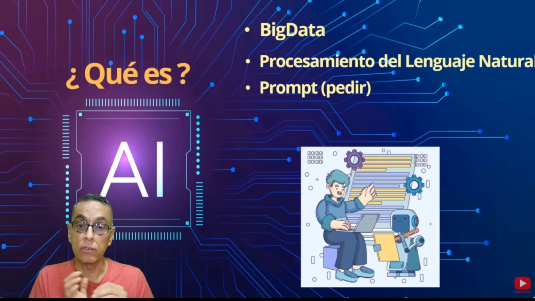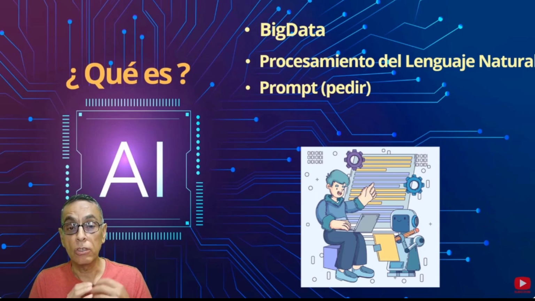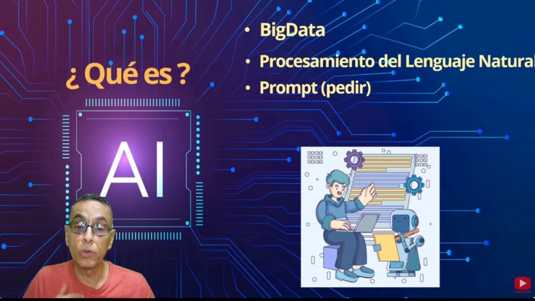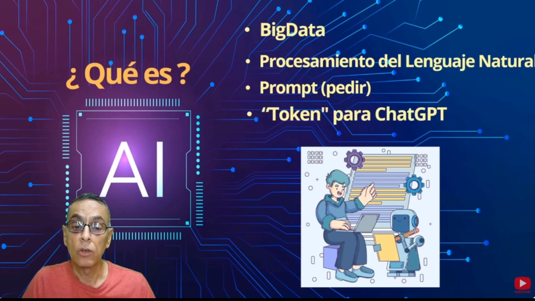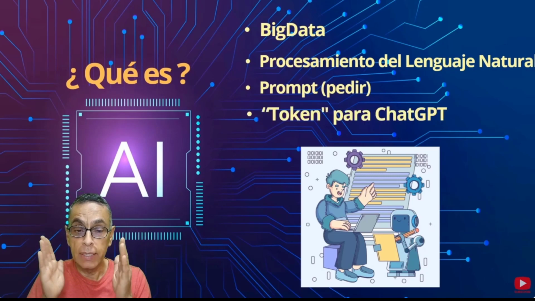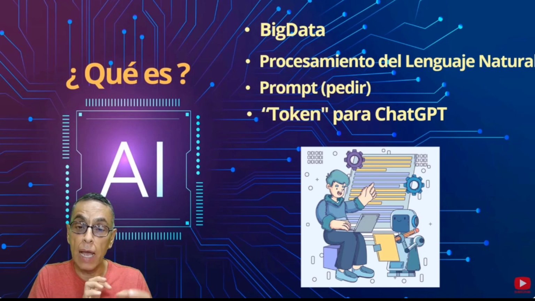So now we ask the database with questions. And artificial intelligence does it with something called tokens. It takes the order, divides it by words and begins to process them with the natural language processing algorithm.